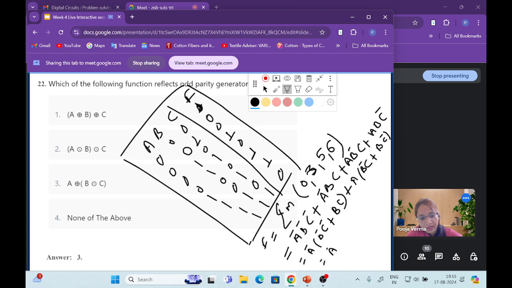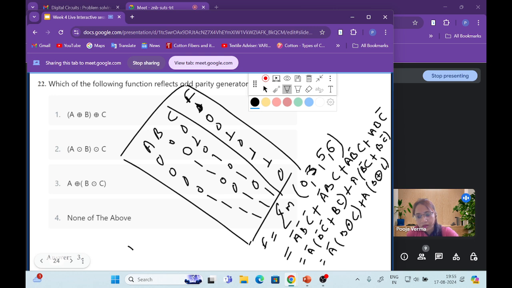Here, B' C' plus B C is already an XNOR gate representation, already we know that. And B' C plus B C' is the XOR representation of B and C. Let's take this term as X, in order to solve.